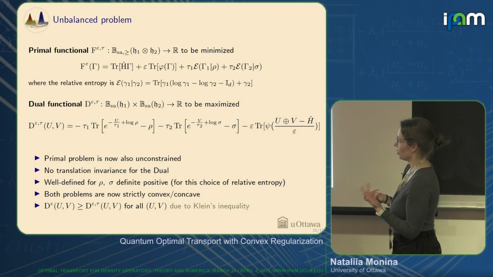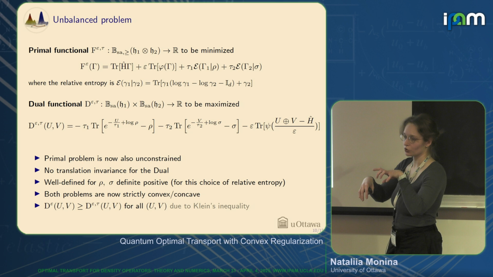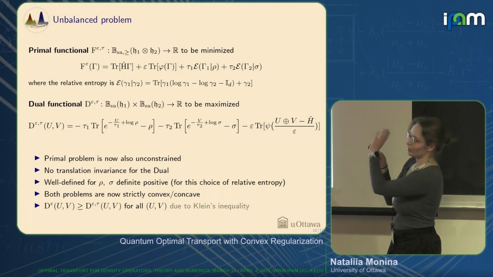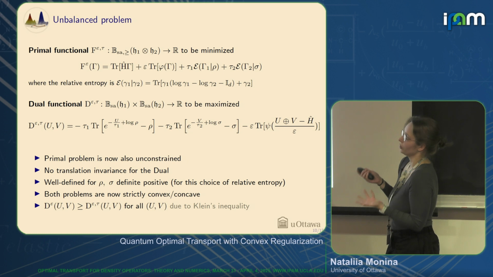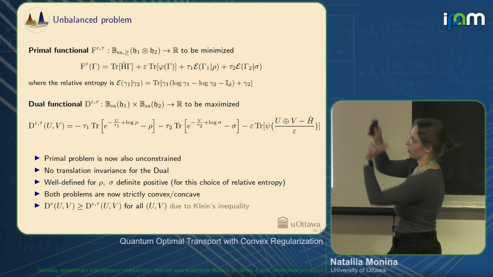In the classical case, there is also a well-known unbalanced classical optimal transport, where your marginals may be pictures, so they're not normalized to 1, and you just have some positive measures instead of probability measures. So here we try to replicate it, so we don't need rho and sigma to be density matrices. We can just say they're positive, and we want to formulate this problem identically to the classical case.